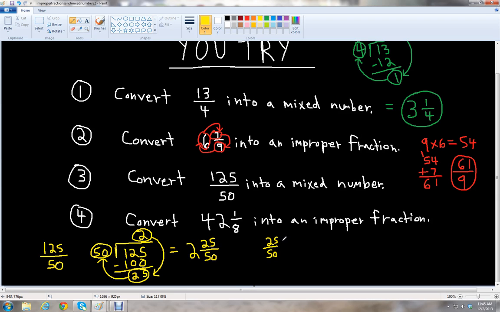So if we divide each of these by 25, we know 25 divided by 25, any number divided by itself is 1, and 50 divided by 25 is 2. So 2 and 25 over 50 will reduce as 2 and 1/2.